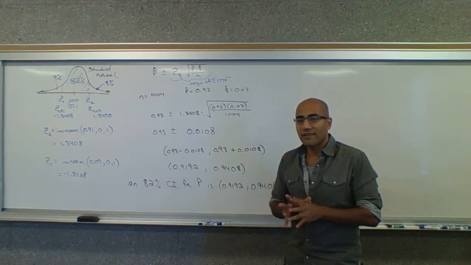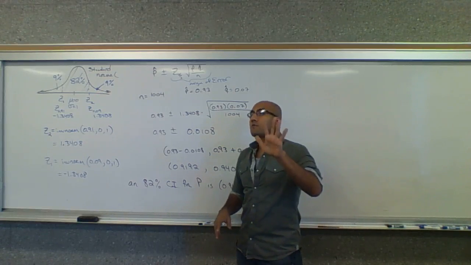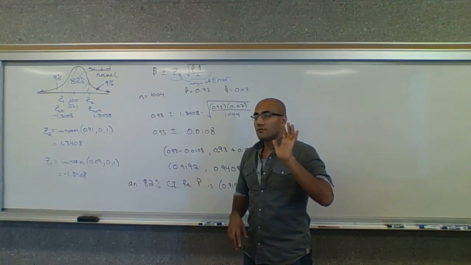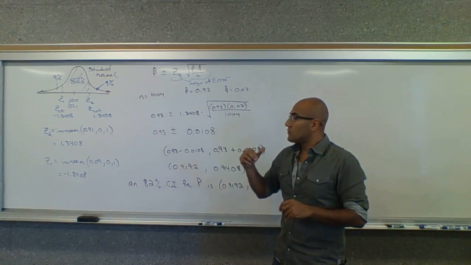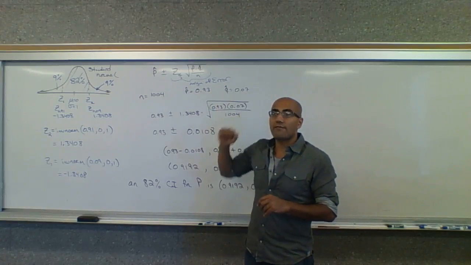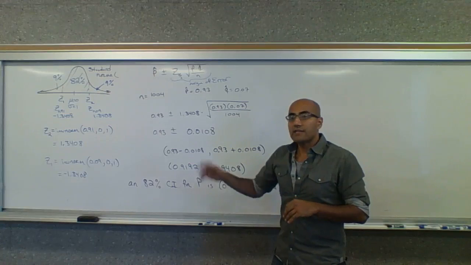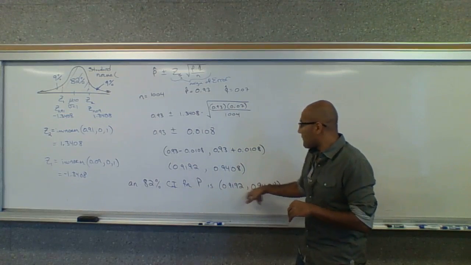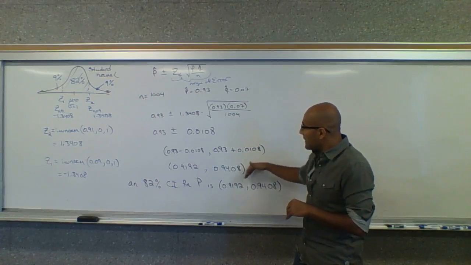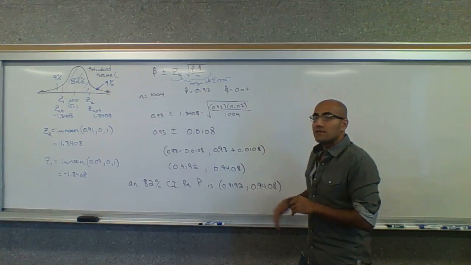If I asked 100 people to go out and get their own sample and to create an 82% confidence interval, I expect that 82 out of those 100 confidence intervals will really include the true population proportion, whereas 18 out of those 100 will fail to include it.